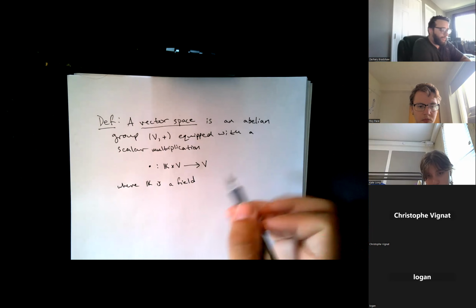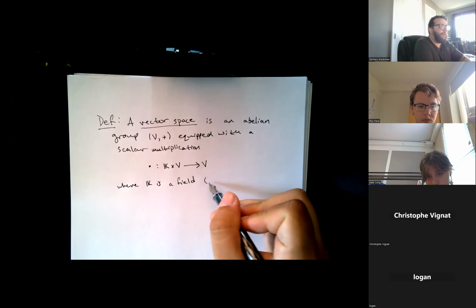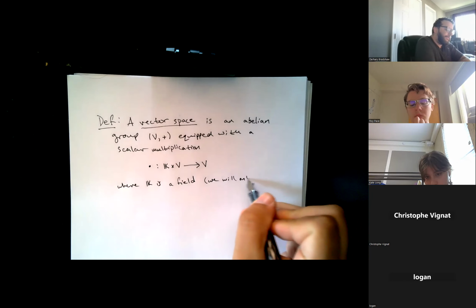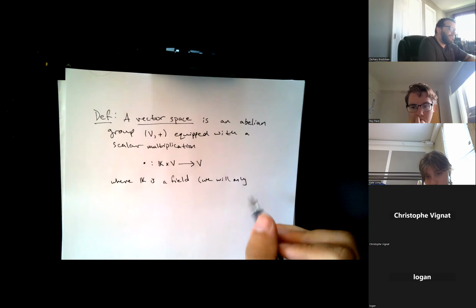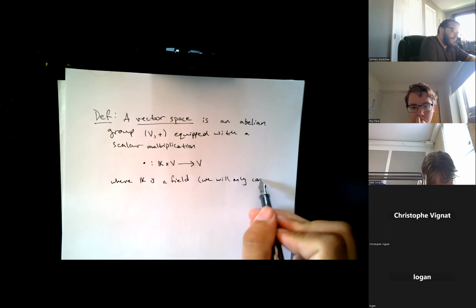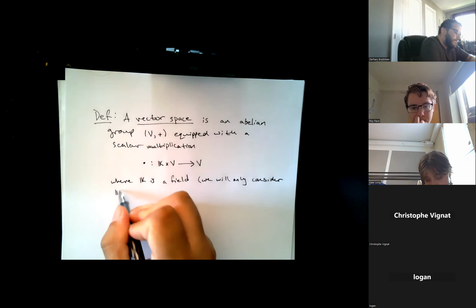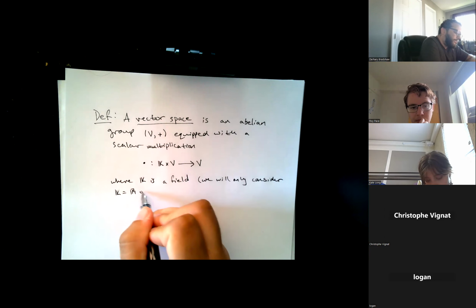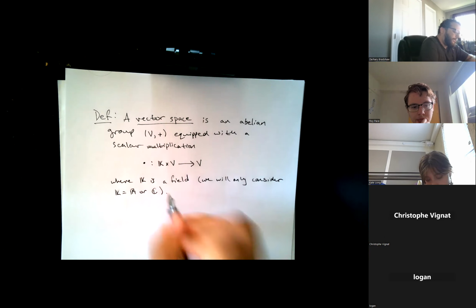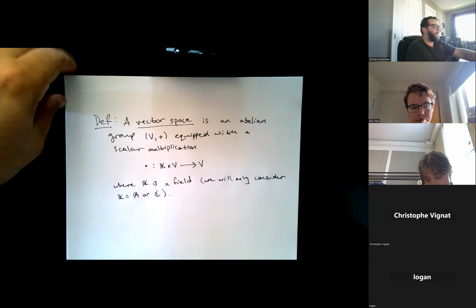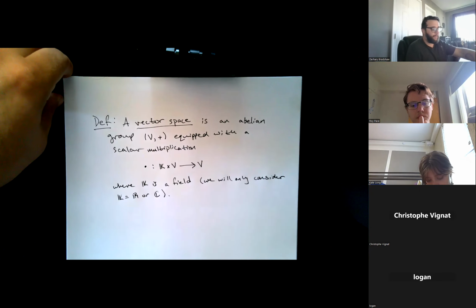So I won't explain it just so I don't have to explain yet another algebraic structure. What I'll say is we will only consider two fields that you're familiar with. K equals R or C. Okay. So we'll only consider vector spaces over the real numbers or the complex numbers.